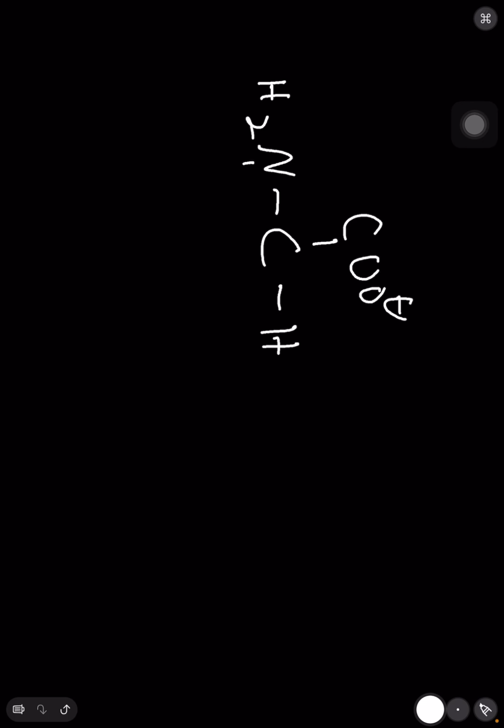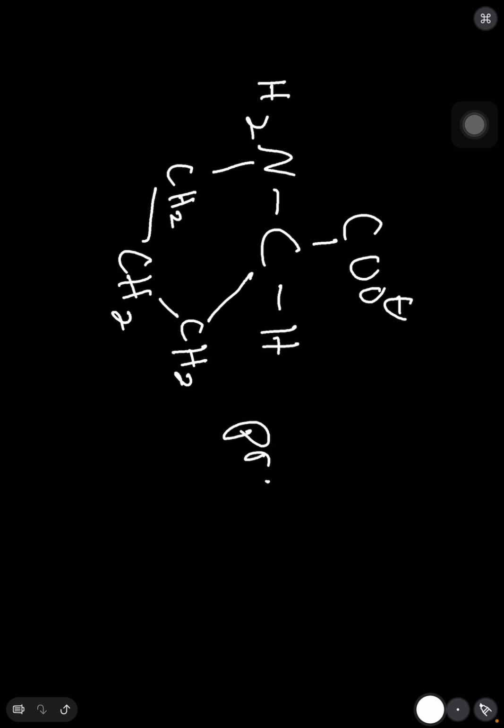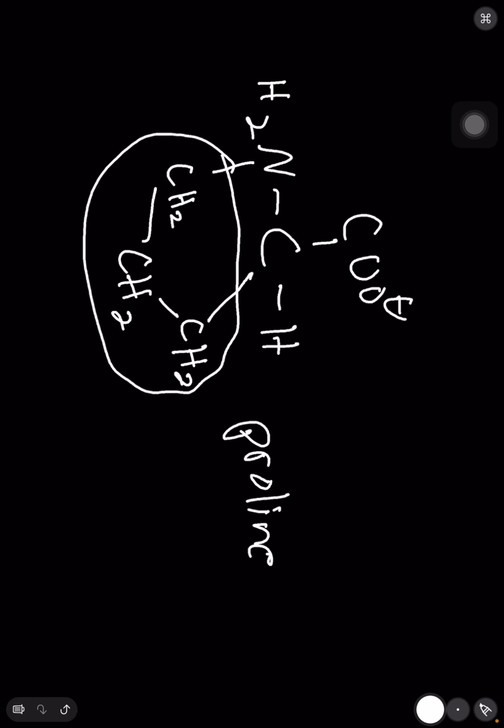That's because you actually have a 5-membered ring that connects it with your alpha carbon. That's proline. The actual side chain part of this is going to be this 3-carbon group, and that's why it's non-polar.